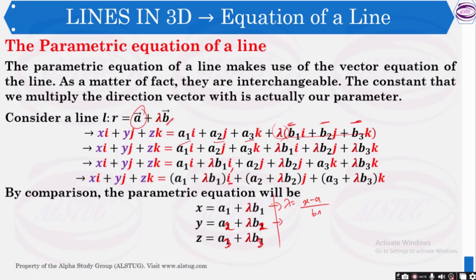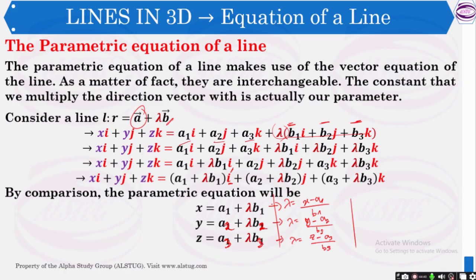Here, lambda will be equal to y minus a2 on b2, and lambda will be equal to z minus a3 on b3.